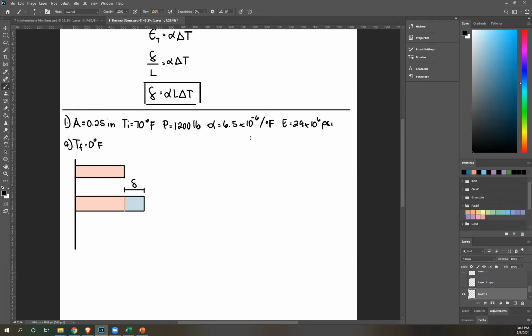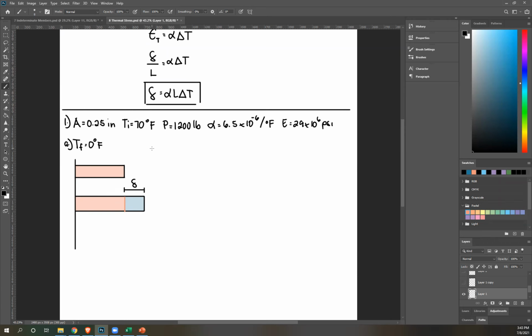Now, after it's being stretched, we have our final temperature as 0. So initial is 70, final is 0. So it's getting colder. And based on your physics classes before or based on observation, we know that as temperature gets colder, our objects contract. So what happens here is it goes back to a certain point.